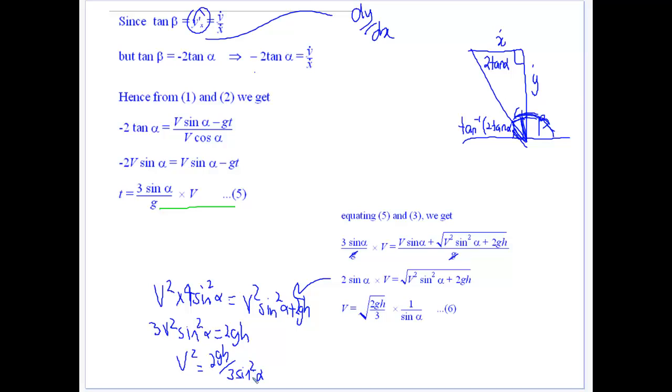Divide by the 3 sine squared alpha, and then take the square root again, and v is equal to the square root of 2gh over 3, and the 1 on sine alpha separate, because that was already squared. So there's v in terms of g and h and alpha.